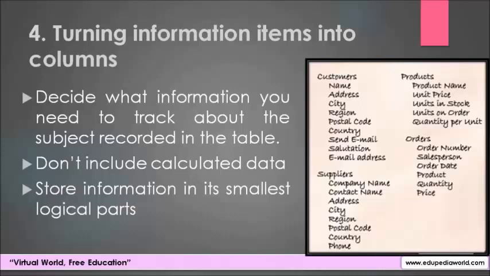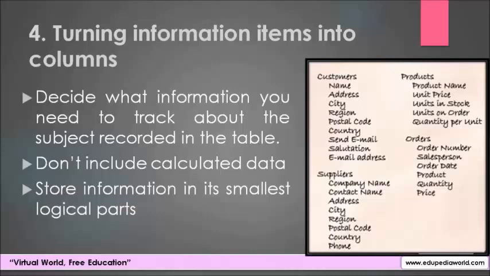If you combine more than one kind of information in a field, it is difficult to retrieve individual facts later. Try to break down information into logical parts. For example, create separate fields for the first and last name and for product name, category and description.